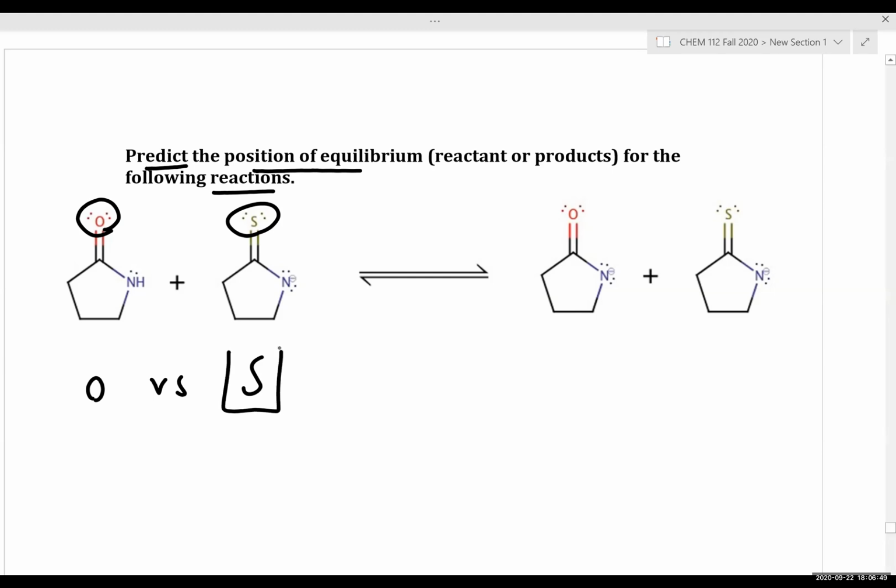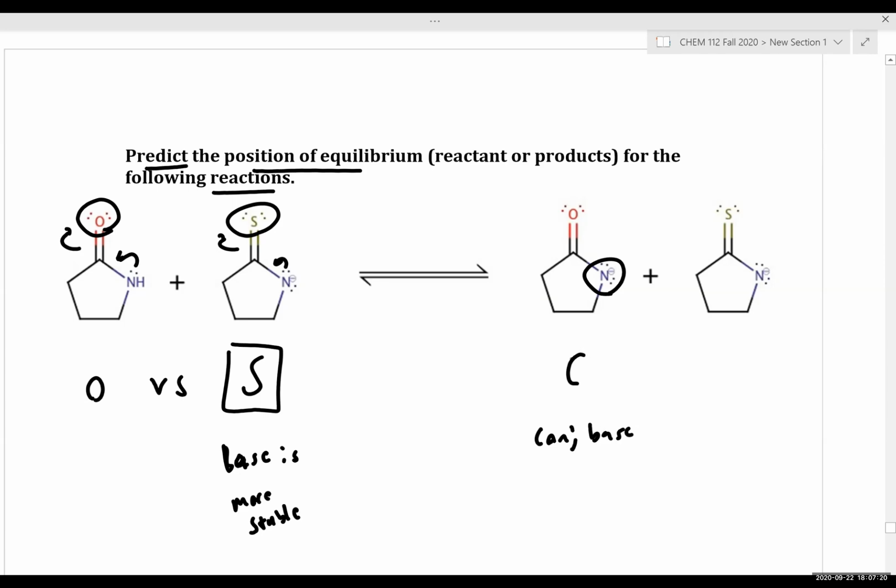Sulfur, exactly right. So in turn, because we can delocalize our electron density into our sulfur, and because sulfur is more readily able to stabilize a negative charge, this base is more stable than this conjugate base, for example.